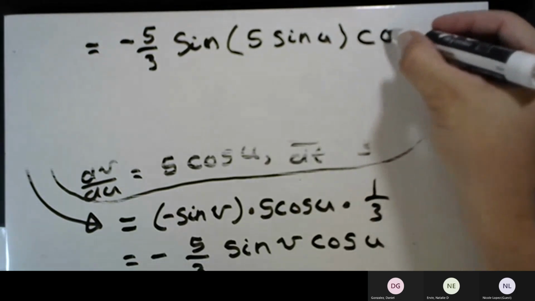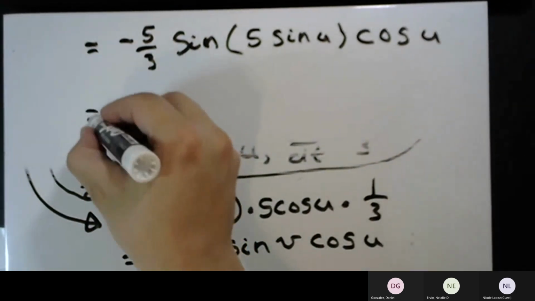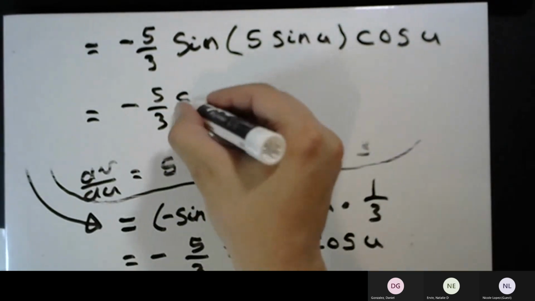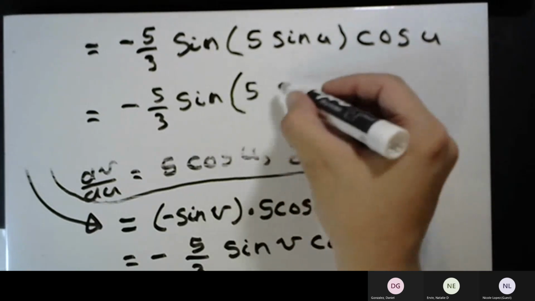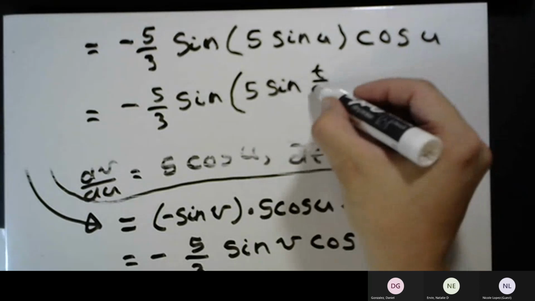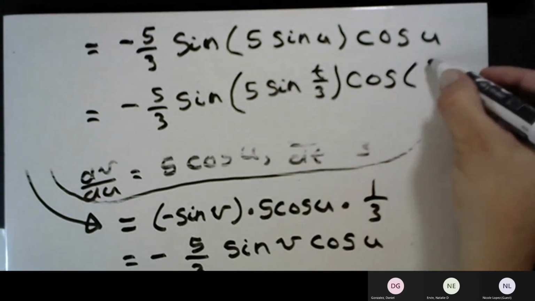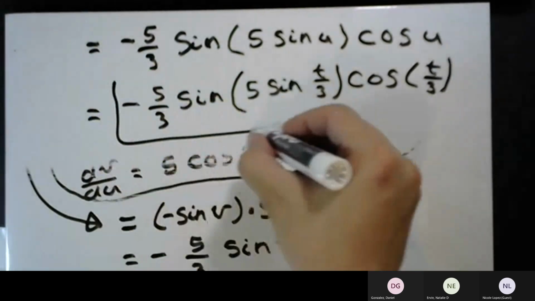Then we have the cosine of u, and then u was t/3. And so finally, we get our answer.